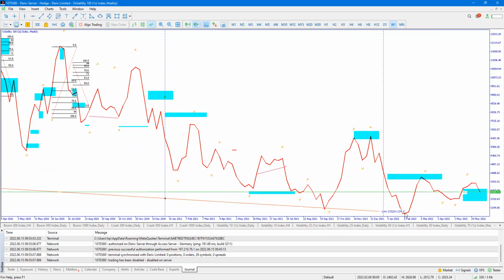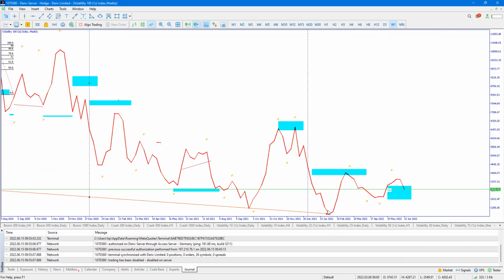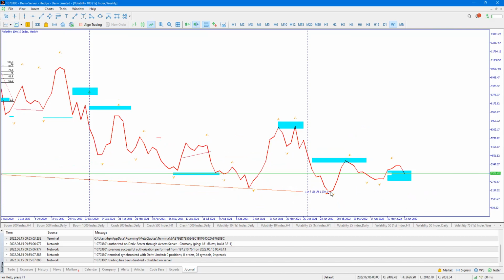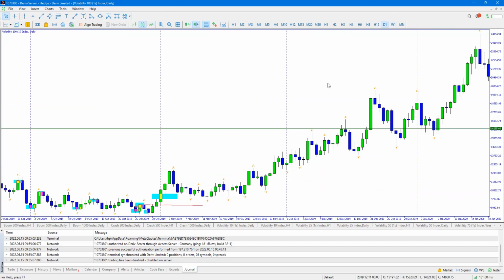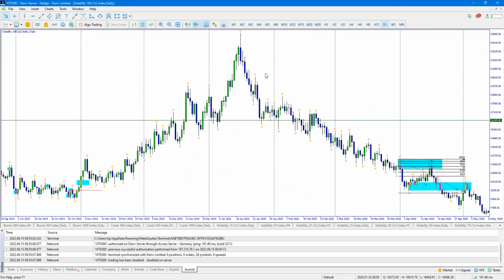If there is a break of structure, it means price is still interested to sell more. So we may see V100 1S creating a bullish momentum up to this zone before giving us a new low that will break the structure. So that's what price is doing at the moment. But now let's go to the beginning and see what this asset has been doing over time.